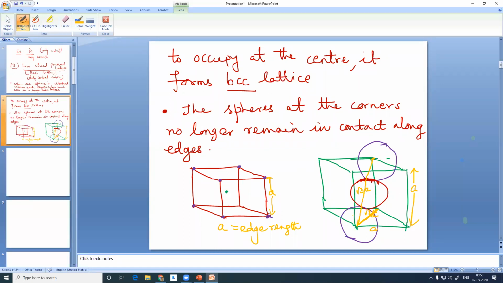And root 3A will carry 4R, because one radius will be outside and one radius will be outside. So 2R will be completely embedded inside the cube, and therefore our relationship is root 3A.